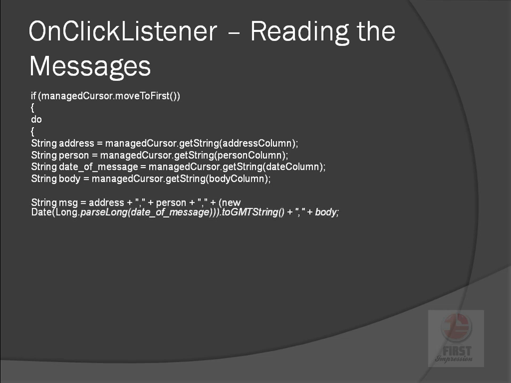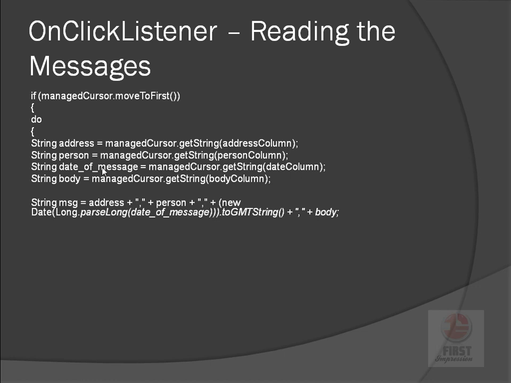We'll have a string. Inside that string, we will add the address, the person name, and a new date time, because the date of the message will be in the form of a long value. The long value indicates the number of milliseconds since January 1, 1970. So you have to convert that into a date time format. That is why we will be having a new date.